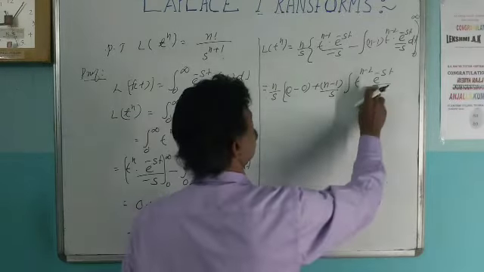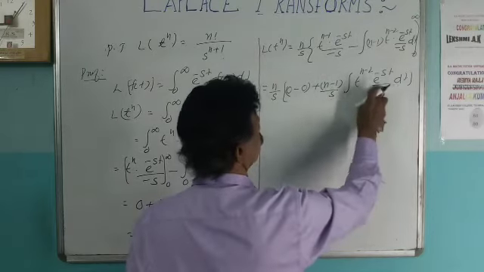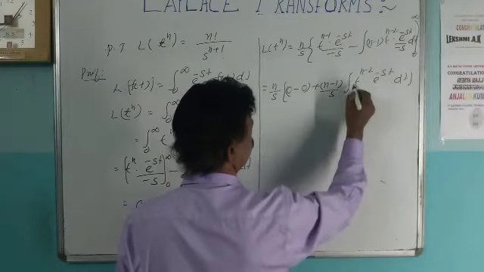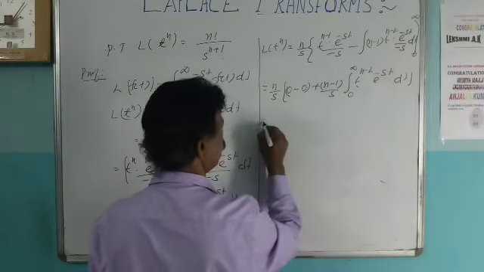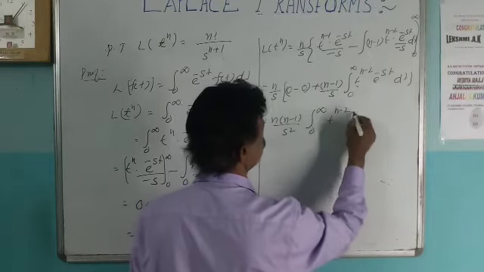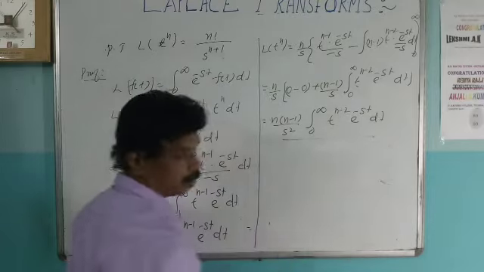Minus into minus equal to plus, then n minus 1 by s into t raised to n minus 2 e raised to minus st dt, limit 0 to infinity. So we can write n into n minus 1 by s square into integral 0 to infinity t raised to n minus 2 e raised to minus st dt. That is the second part of the integration.